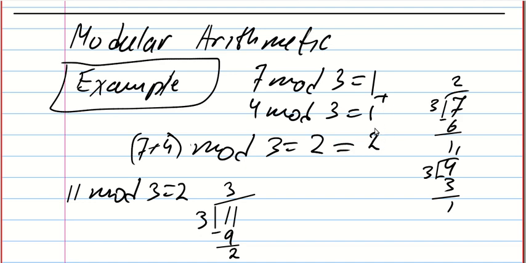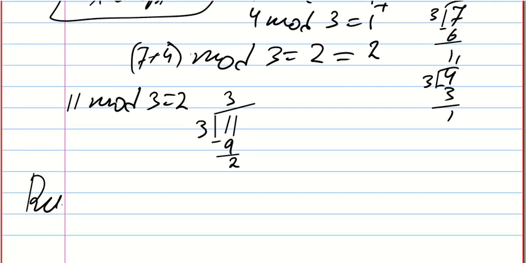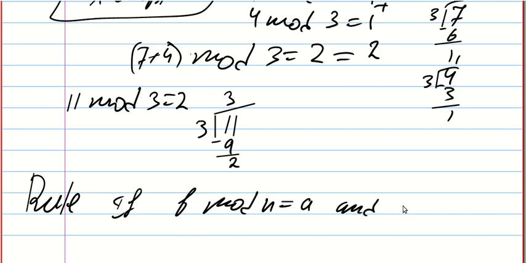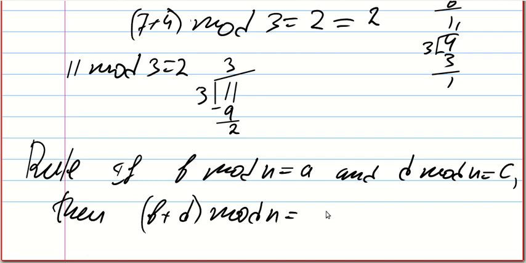So what is the rule? The rule is, if B mod n is equal to A and D mod n is equal to C, then (B plus D) mod n is equal to (A plus C) mod n.